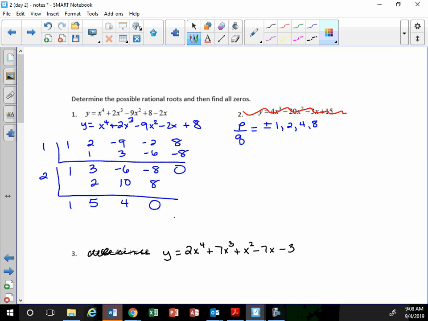What is that actually, like what do I have now? Good. We divided twice, so now we're down to a quadratic. And is that something we know how to work with? Yeah, we can factor that. What does that factor into?